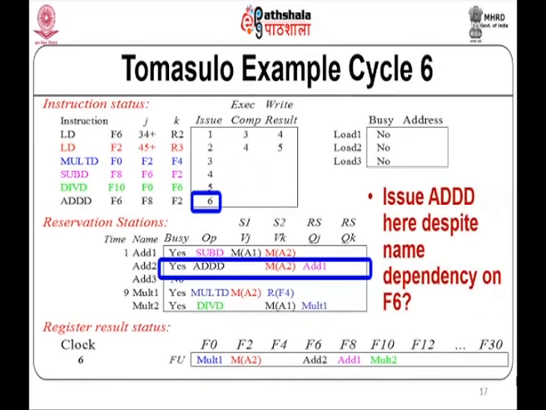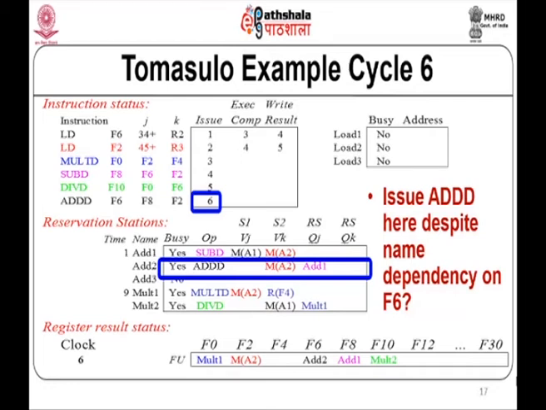One observation you have to make here is that we are issuing the add instruction despite the name dependence on F6. F6 is one of the source operands for the divide instruction, which was issued in the 5th clock cycle, and add writes into F6, which is its destination operand.